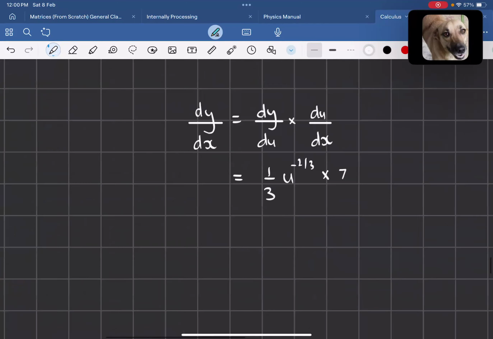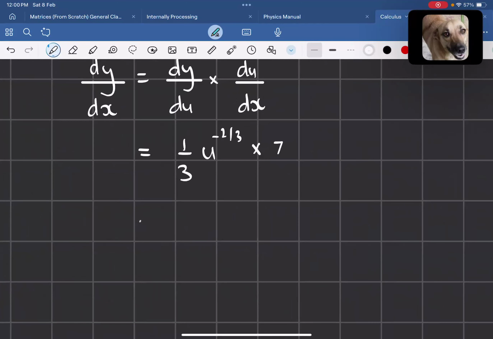So Nicholas, be very careful here, right? So let's observe. Nicholas, u to the power minus 2/3 is the same thing as 1 over u to the power 2/3. Yeah.